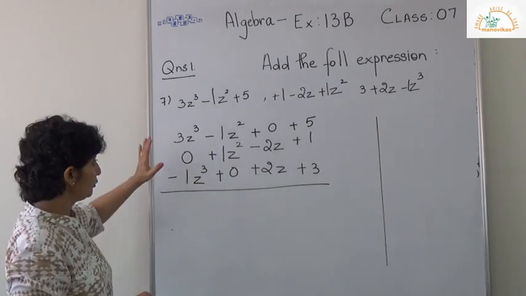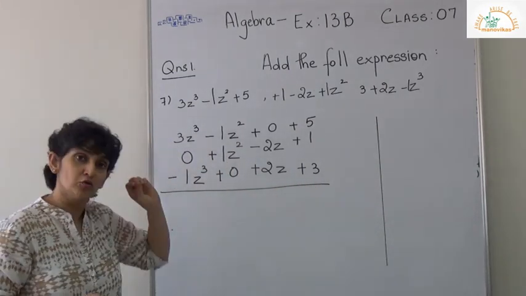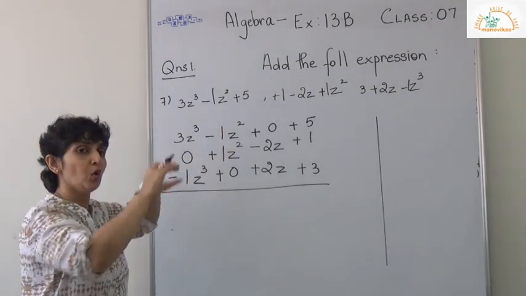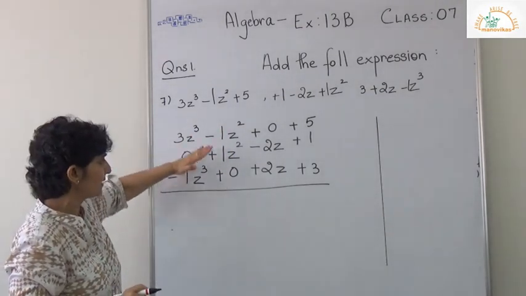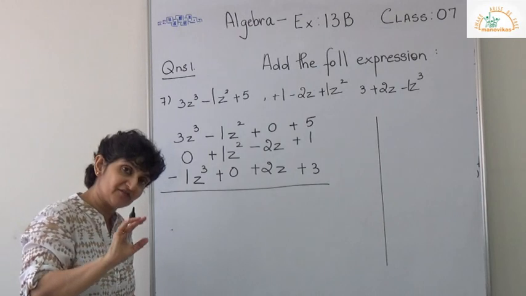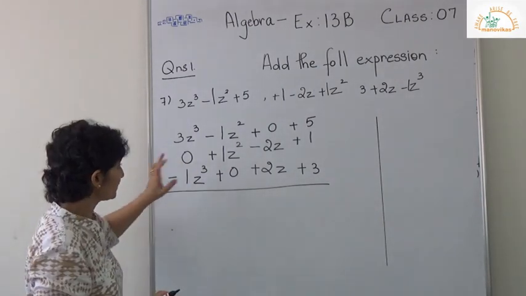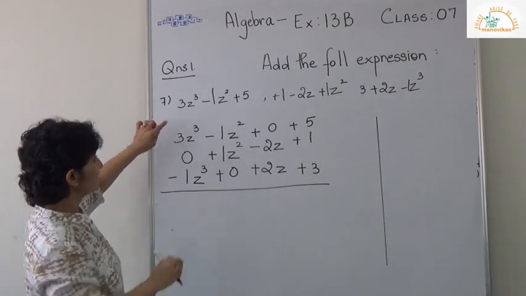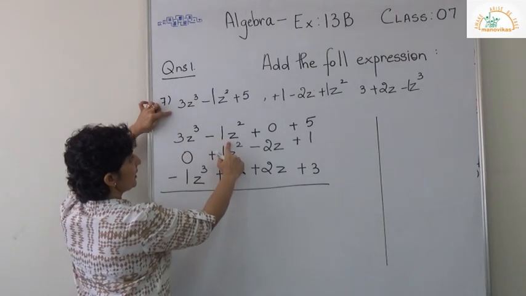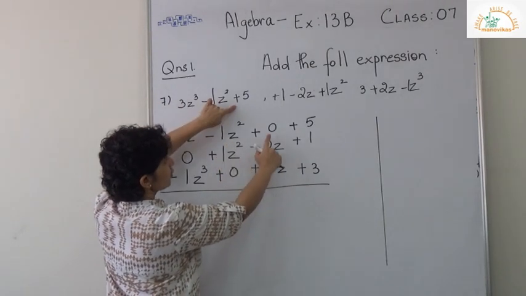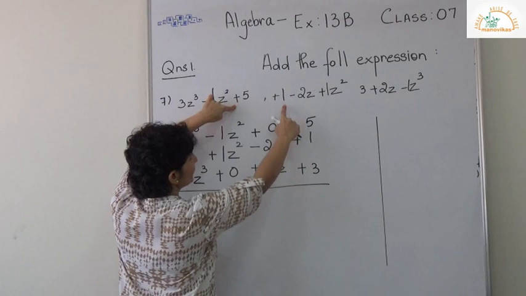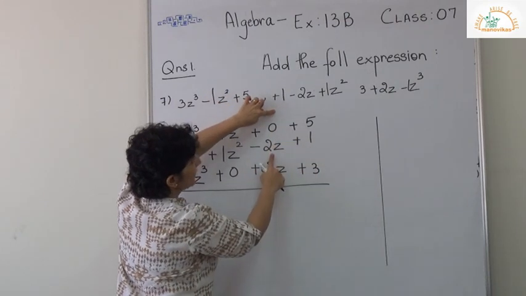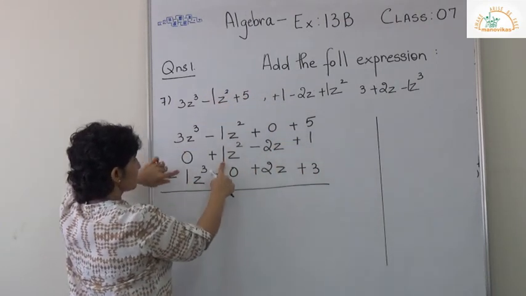Children, please have a proper look at it. Wherever you don't have anything, don't interchange or push one up and one below. When you have nothing at that place, just put a 0. So let's see, 3z cube minus 1z square. There is no z, so I put a 0 plus 5 plus 1 minus 2z plus 1z square.